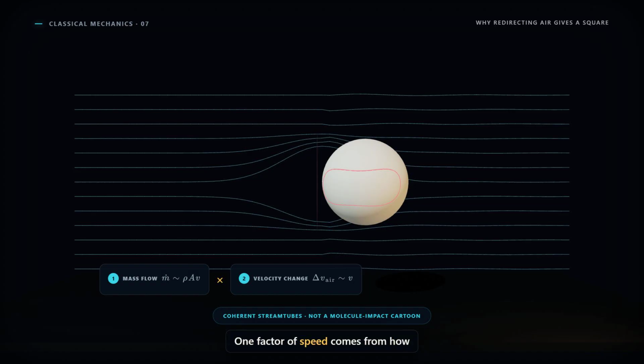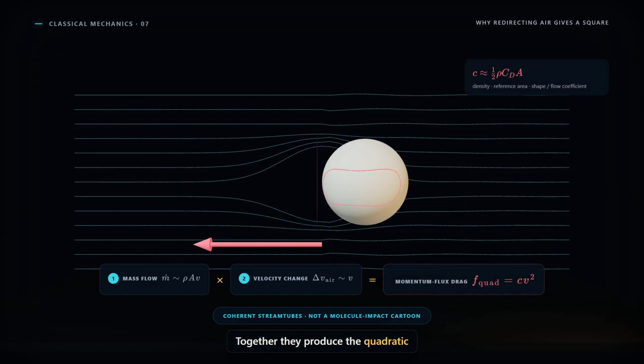One factor of speed comes from how much air passes, another comes from how much its velocity changes. Together they produce the quadratic scaling. We write F quadratic equals CV squared. A common form is C approximately 1/2 rho CdA, density, reference area, and a shape-dependent drag coefficient. This is inertial or momentum-flux drag.